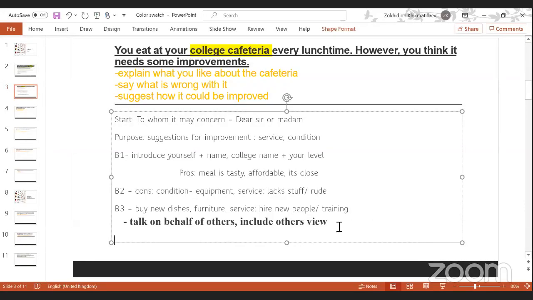Okay, now we have to end our email. How do we end? With what kind of words? We would be extremely grateful if you could improve this, if you could fix these problems.